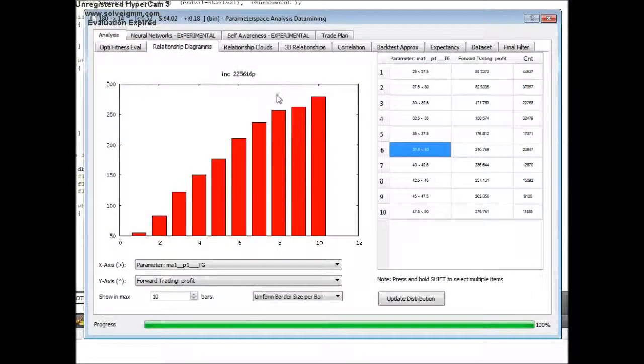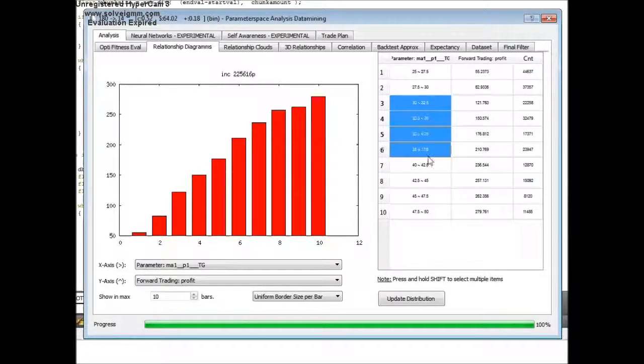So that would mean in reality we might want to redo our parameter space analysis and extend the range of this parameter beyond 50. But for this video it's okay to use something like this.